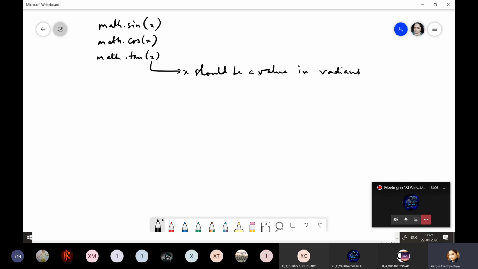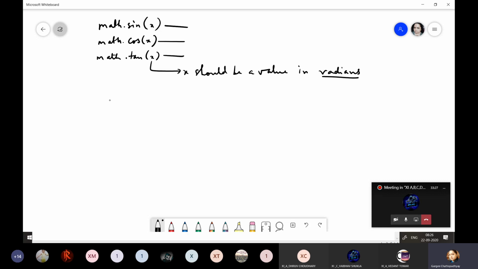You might have studied in maths. X should be a value in radians. So you can get the sine of a number, cosine of a number, and tangent of a number. And whatever value you are getting, you will be getting that answer in radians only.